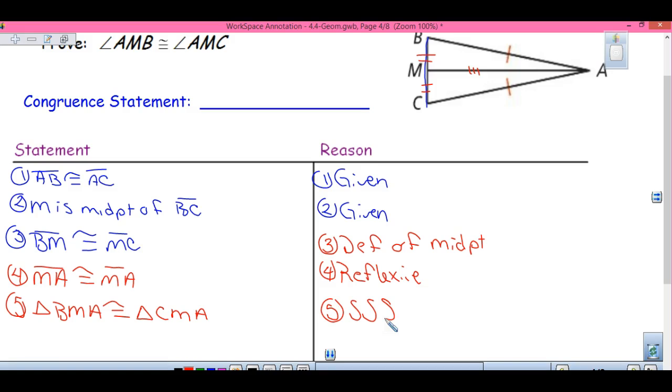Okay, and since my triangles are congruent, can I state that my angles are congruent? Yes. So I can go ahead and write my angle AMB is congruent to angle AMC. And why are they congruent? Because CPCFC.